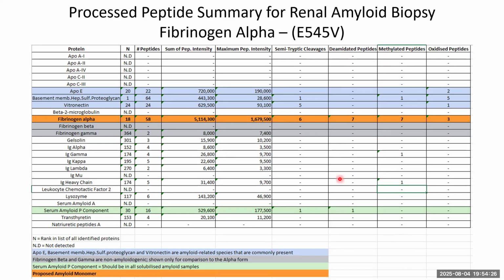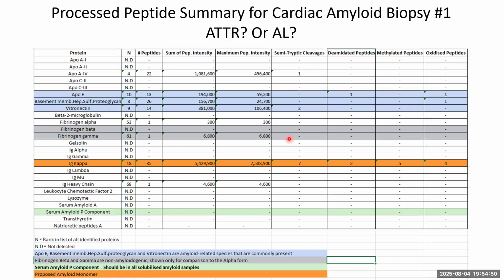What we hope to see is a combination of really high summed peptide intensity for that protein, along with a suspicious number of semi-tryptic cleavages indicating that it's been degraded by proteases in vivo. So this is a really clear-cut case. As I say, I think it was 7 or 8 peptides that pointed towards that mutation. So really, really confident stuff.